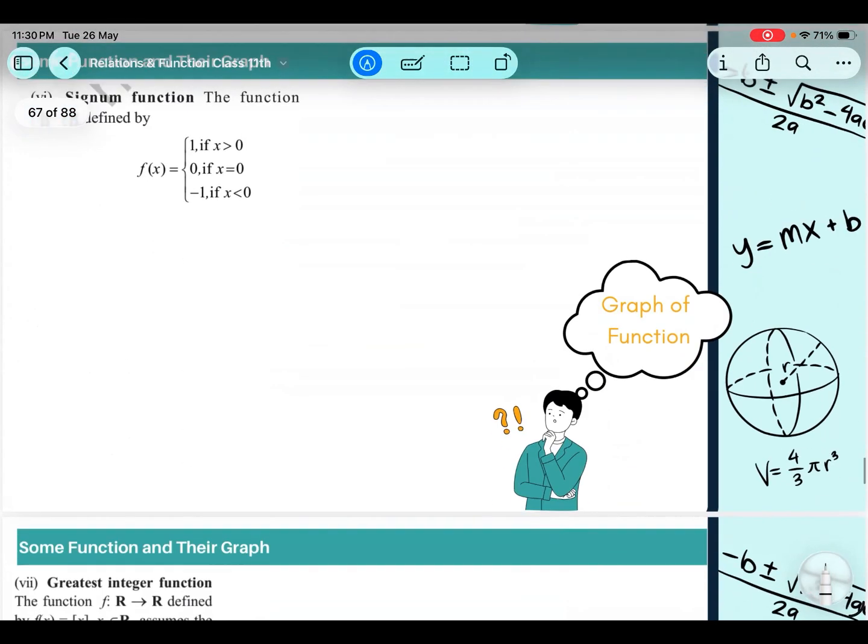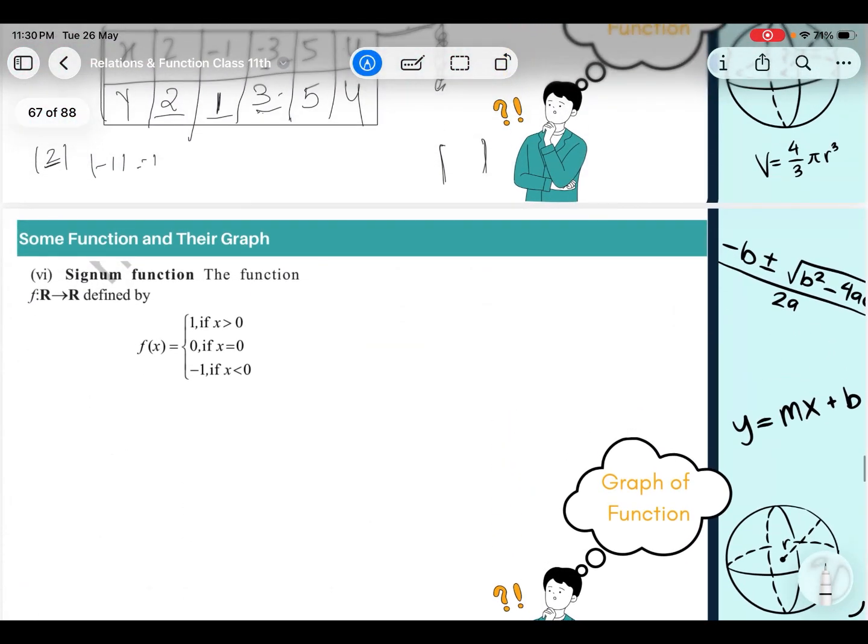Okay, next, sixth one, signum function. This is very interesting. You see, the function f from R to R is defined by f(x) equal to 1 if x is greater than 0, 0 if x is equal to 0, and minus 1 if x is less than 0. It means whatever number you give, suppose this is a machine, you give any number, and in output it will tell you whether this is negative or 0 or positive.